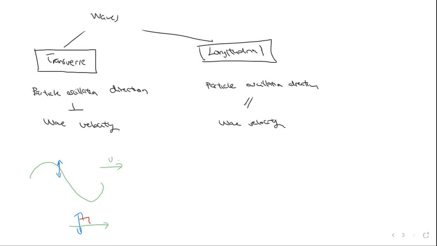But you might recall in our example, our wave velocity was going up, and our particles were oscillating up or down. These are parallel to each other and therefore it's longitudinal. So that's one very key point.